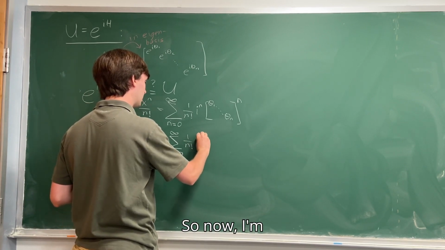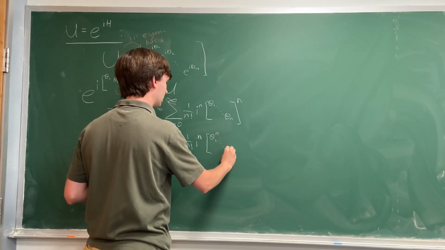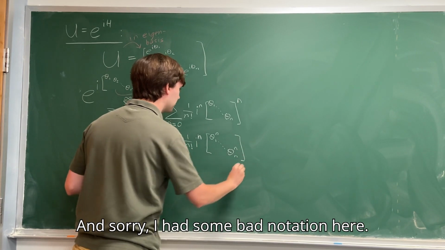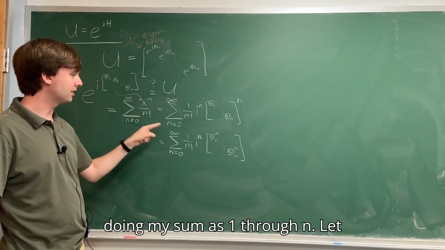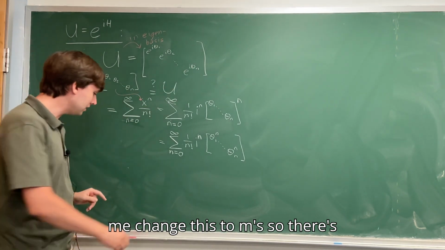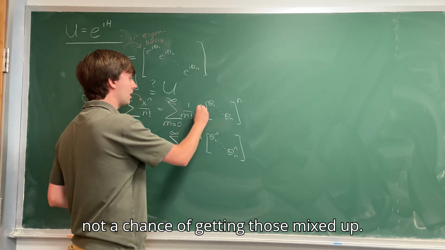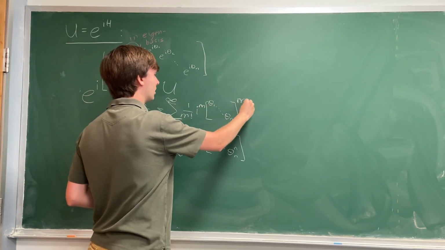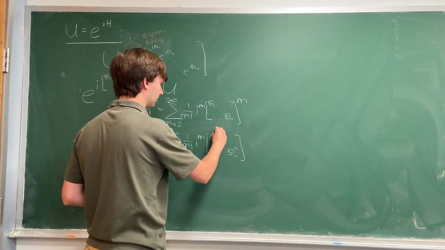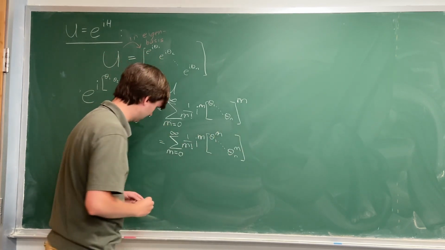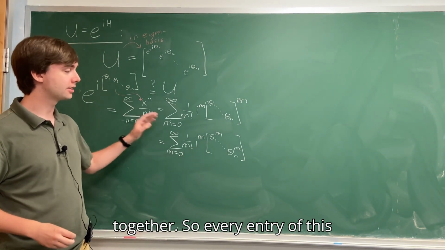So now I'm no longer doing matrix multiplication. And sorry, I had some bad notation here. I treated this as 1 through n. I'm also doing my sum as 1 through n. Let me change this to m's so there's not a chance of getting those mixed up. Now that I'm no longer doing matrix multiplication, I can just add these together.